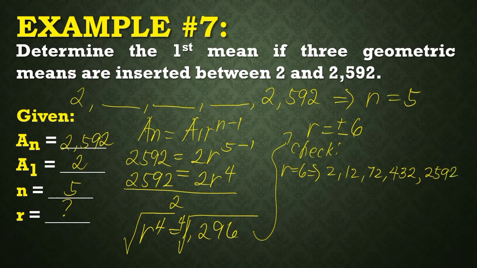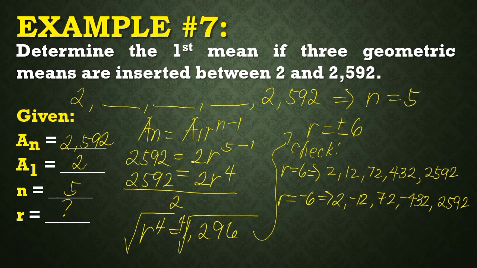If r is equal to negative 6, 2 times negative 6, that is negative 12, times negative 6, positive 72, times negative 6, negative 432, and then another negative 6, positive 2,592.